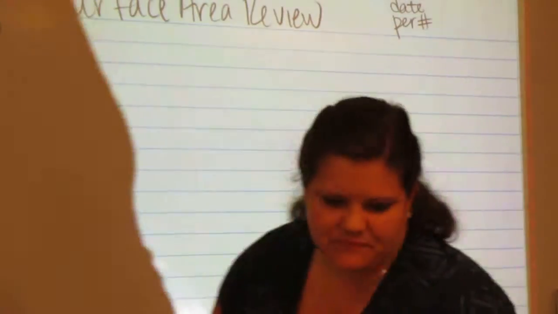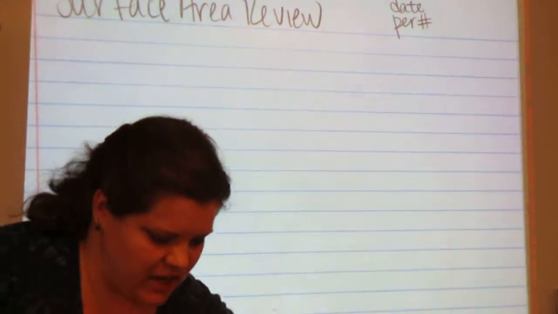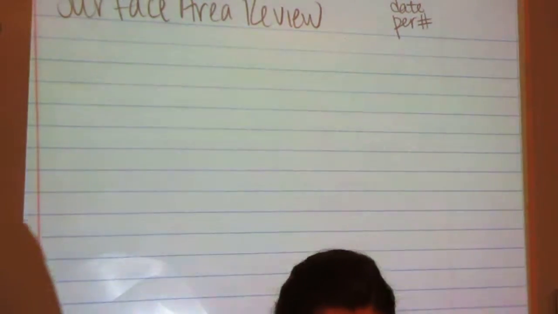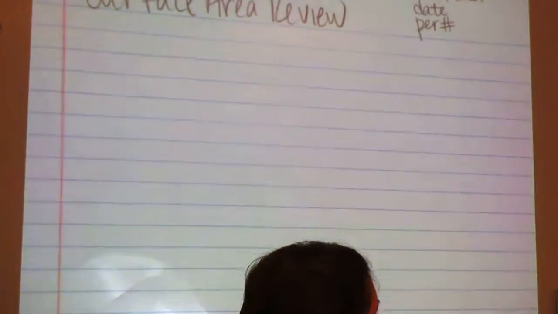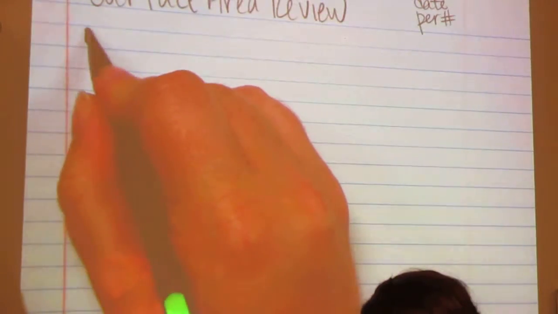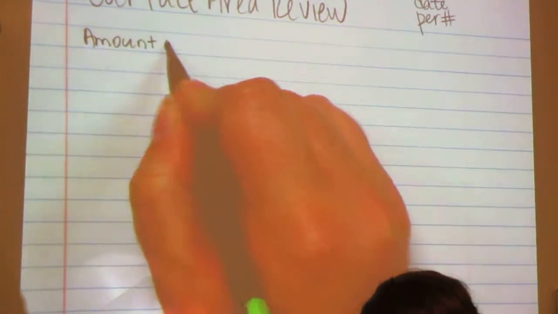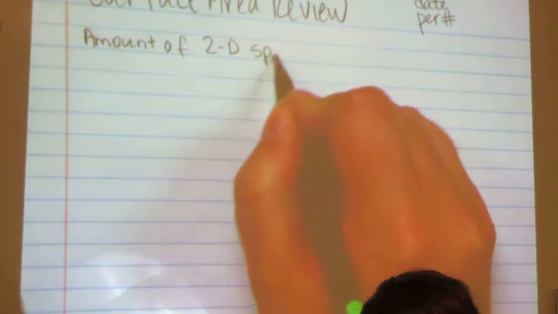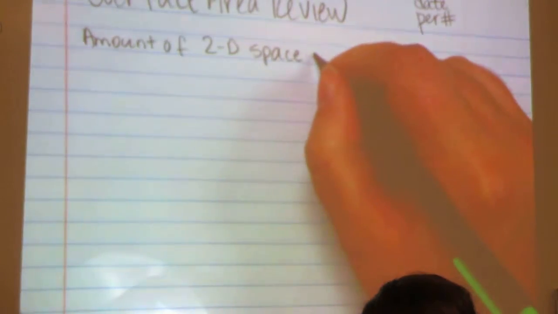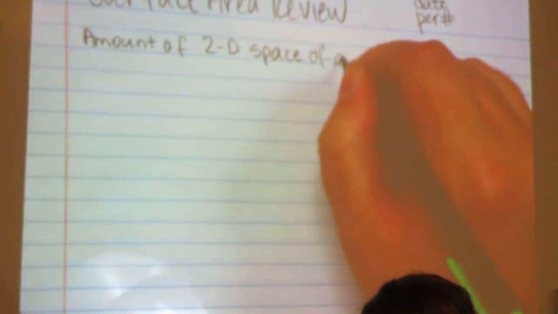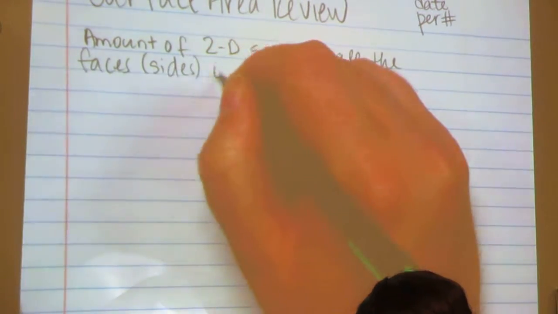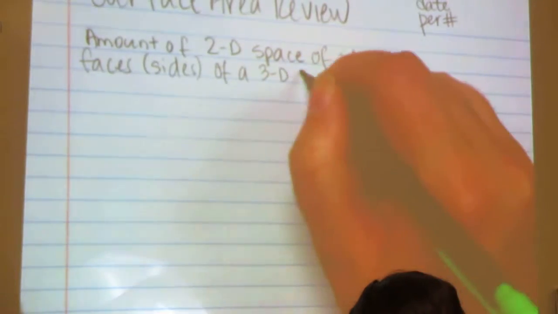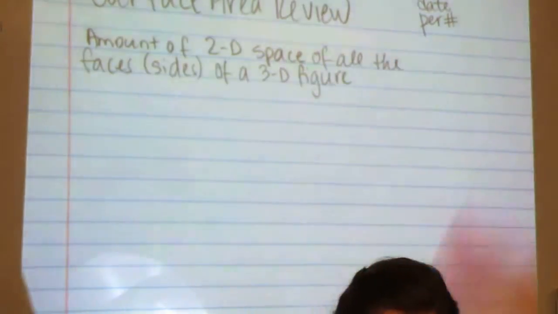Our lesson today is surface area. Surface area is the amount of two-dimensional space of all the faces, or we can call them sides, of a three-dimensional figure.